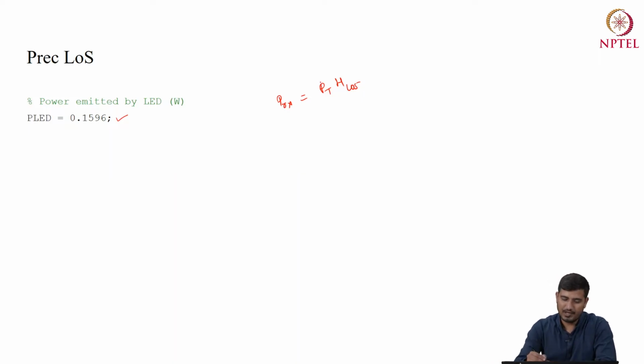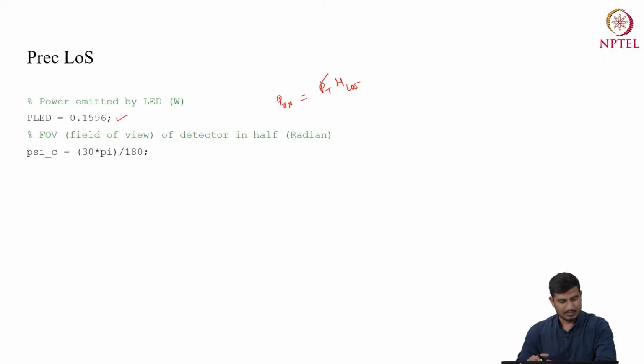So this value we have specified, and the line of sight channel gain we have calculated earlier based on the LED parameters and the receiver parameters. Similarly, come to the PD part.